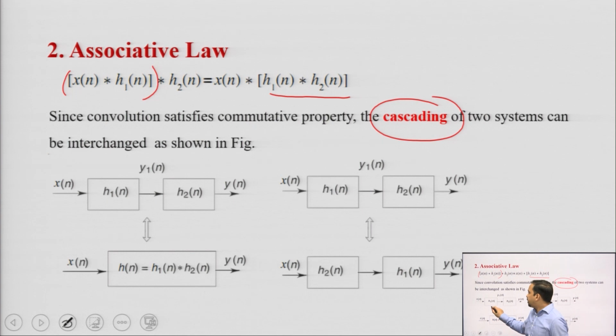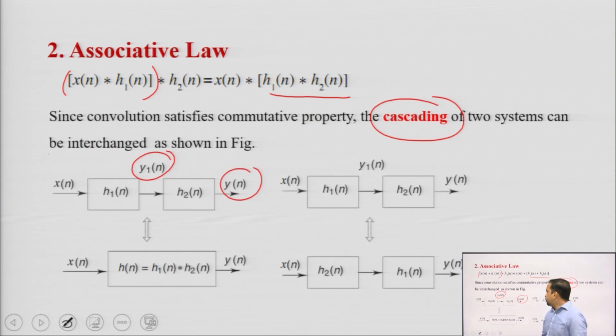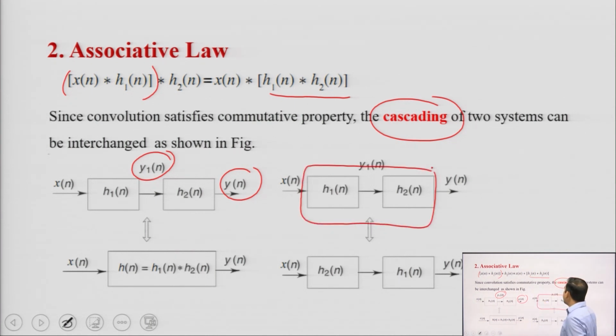We have h1 of n, so y1 of n is x of n convolution with h1 of n, and further y of n is h2 of n convolution with y1 of n. We can club h1 of n and h2 of n, which is the cascading. Perform the convolution first for the impulse responses, and then provide the input x of n to evaluate the output of the system. This is called the associative law.